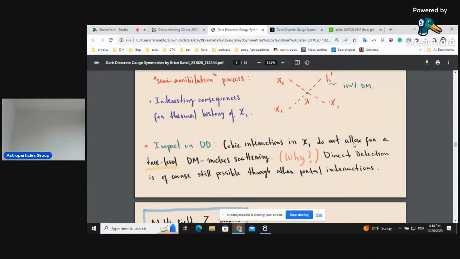You cannot have a fermion going into a fermion. But in this case, it's a scalar. Okay, so it's possible. Yes.